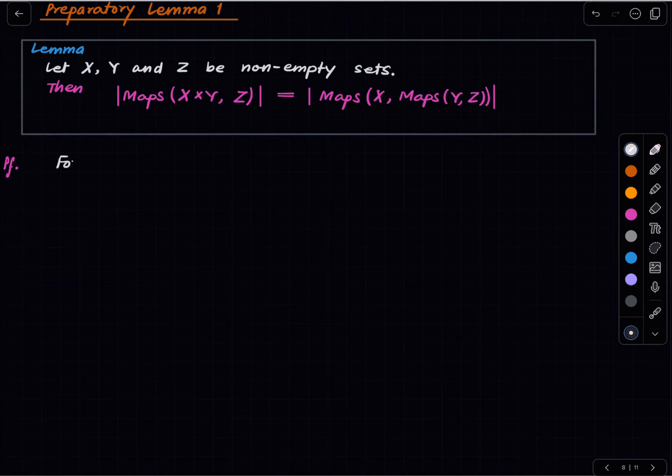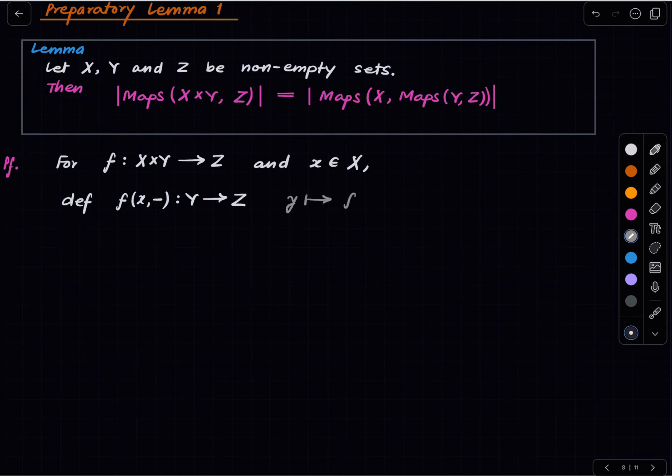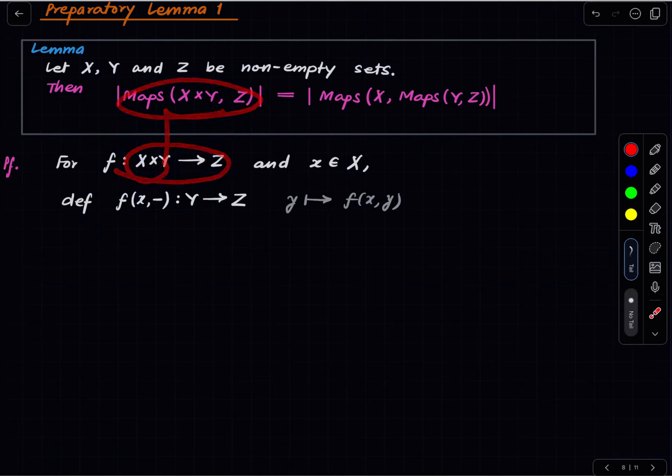For a function of this sort and little x in capital X, define this as a function from Y to Z, which does what? Naturally, it takes y to that. So as soon as we are given a function here, meaning f is an element here, we can create an element.